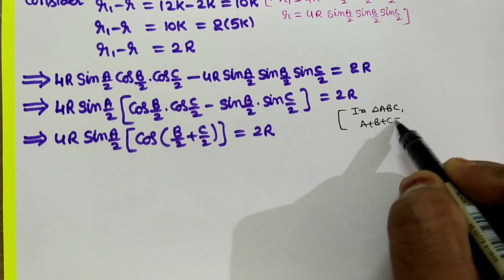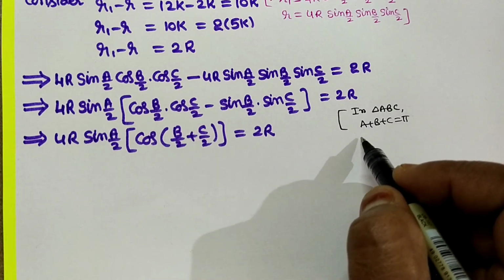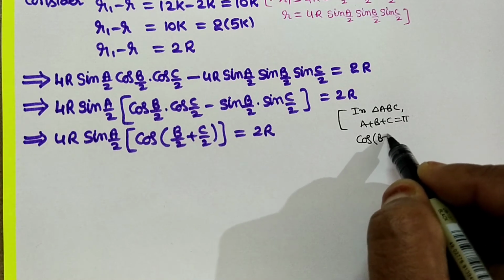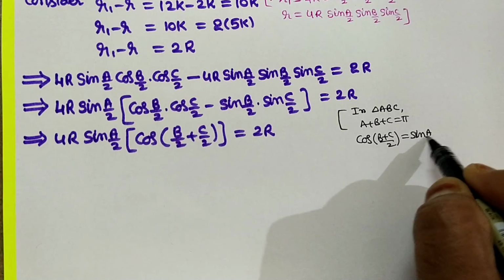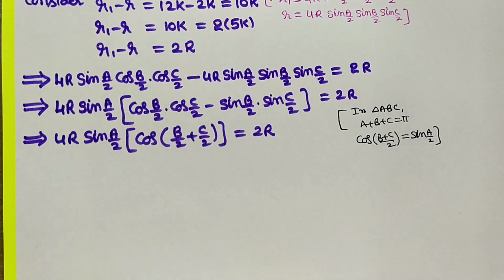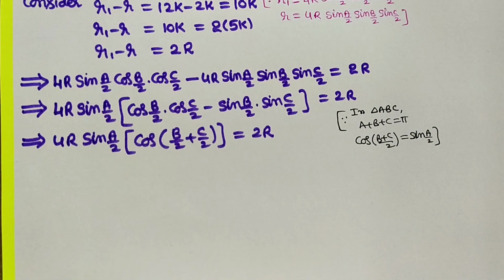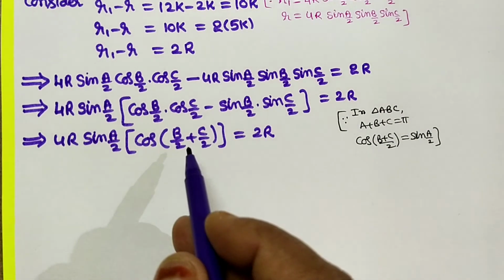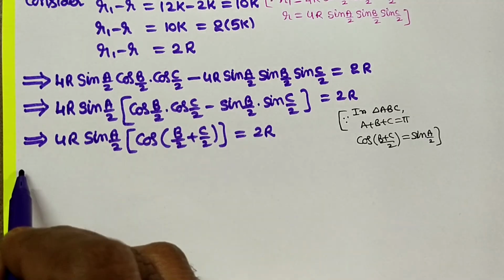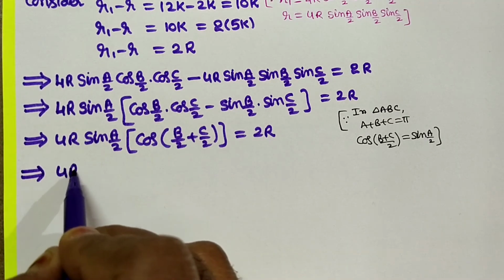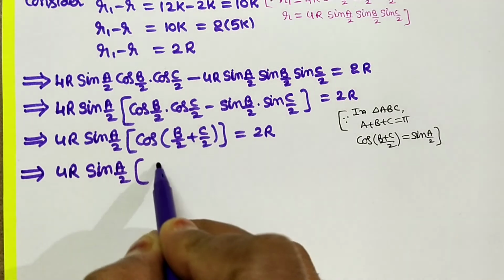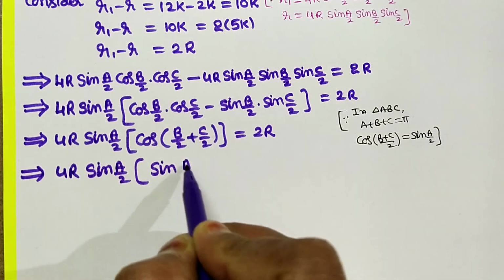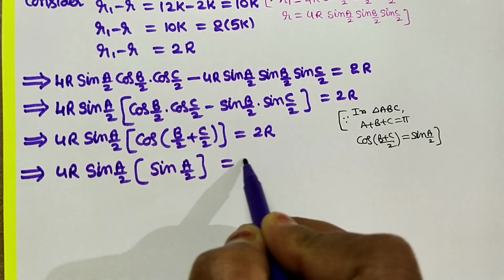From this, you can get cos of (B plus C) by 2 equal to sin A by 2. So in place of cos of (B plus C) by 2, we can write sin A by 2. So 4R sin A by 2, and the bracket value is also sin A by 2, is equal to 2R.